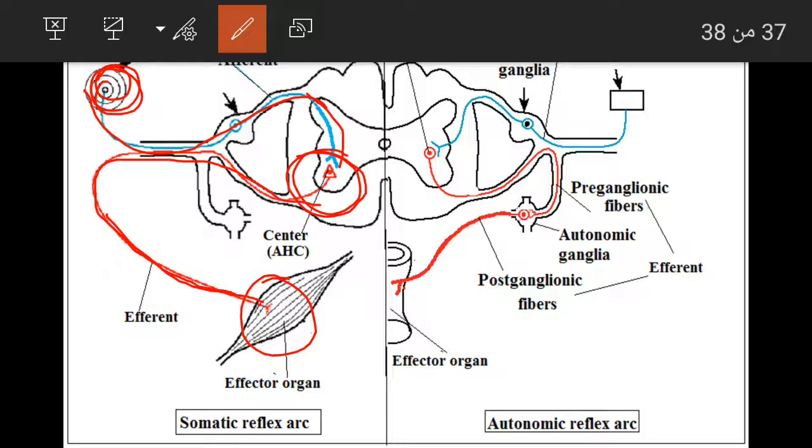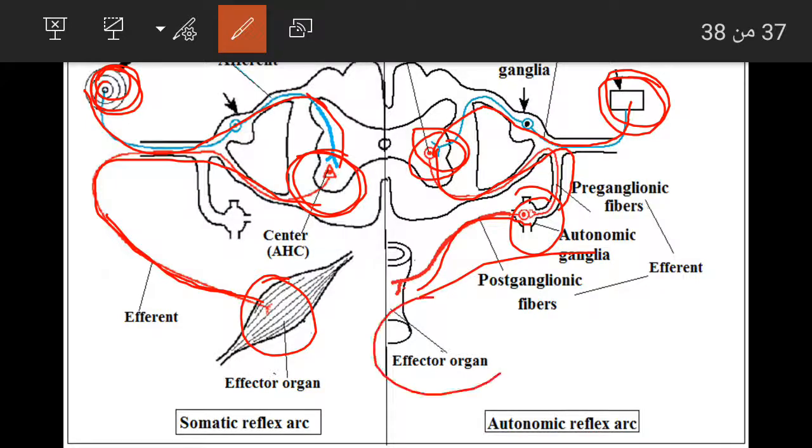Here is the autonomic reflex arc. Its receptor is present in the viscera, and its afferent enters through the dorsal root of the spinal nerve and terminates at the center, the lateral horn cell, then passes through the ventral root to terminate at the autonomic ganglia. From it passes the postganglionic fiber, and this is the effector organ.